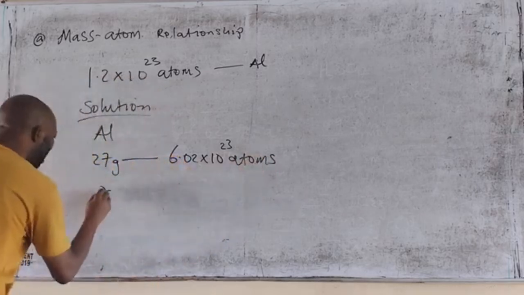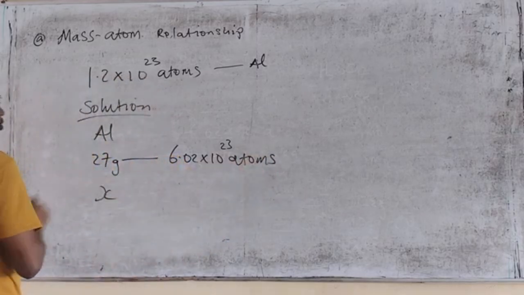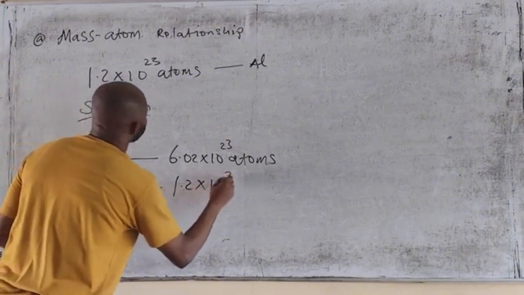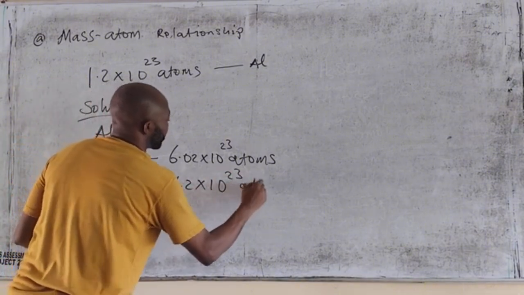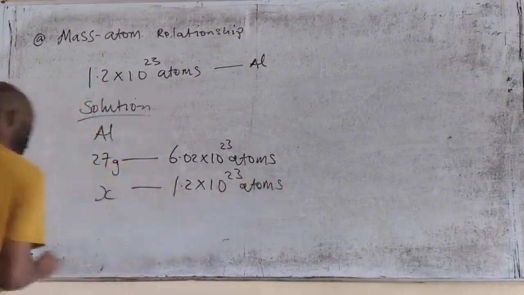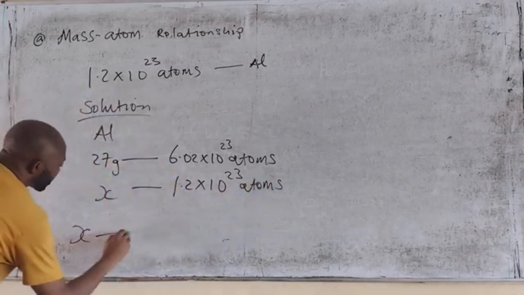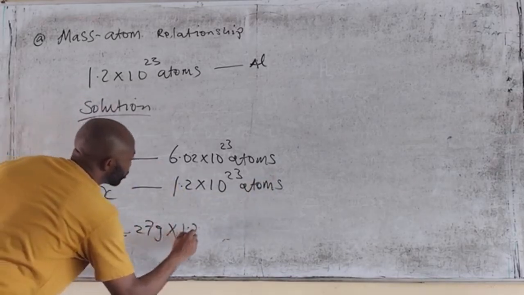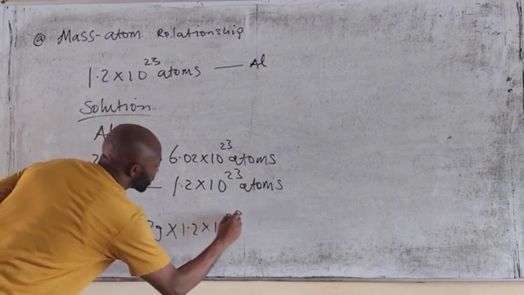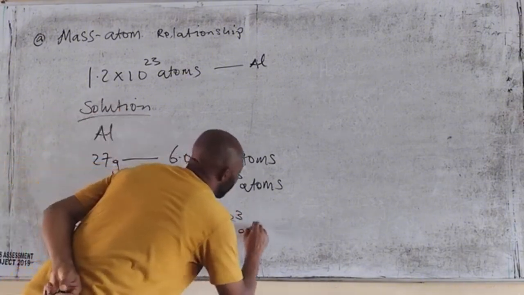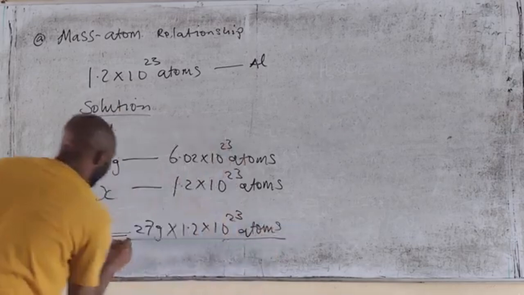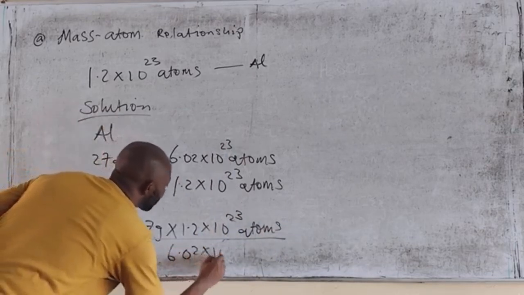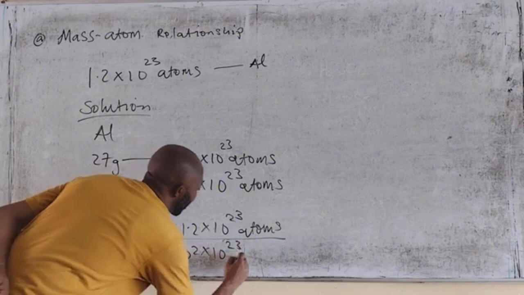Now, how many grams, we don't know, unknown, will give us 1.2 times 10 raised to the power 23 atoms? My X gives me 27 grams times 1.2 times 10 raised to the power 23 atoms divided by 6.02 times 10 raised to the power 23 atoms.